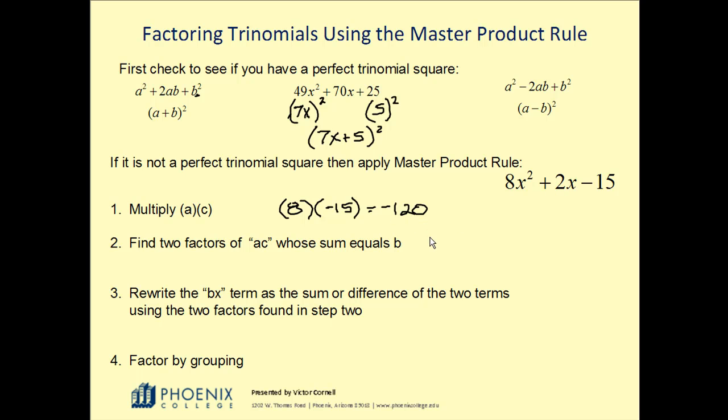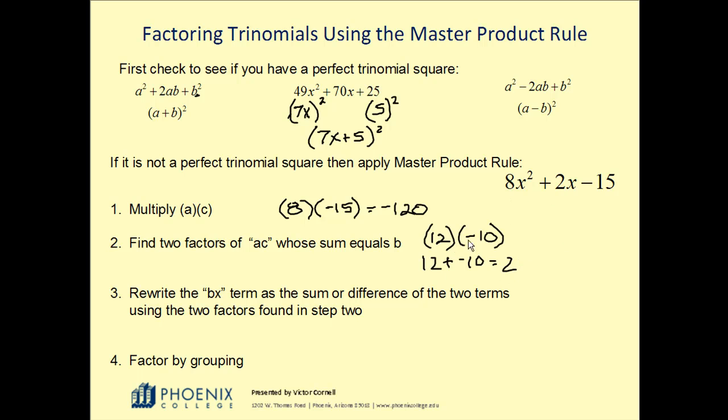So negative 120 is pretty easy because I could take 12 times negative 10. And I know those multiply together to give me negative 120, and they add together to give me 2. So 12 plus negative 10 equals 2.